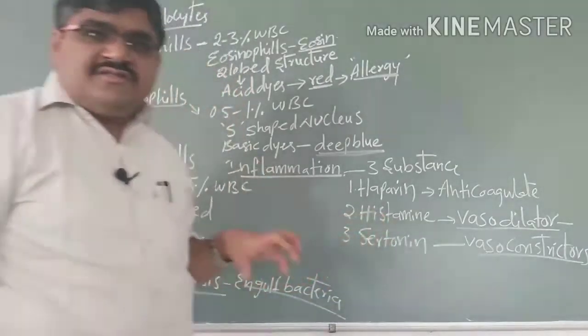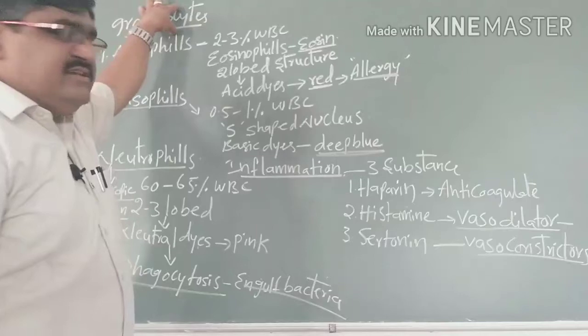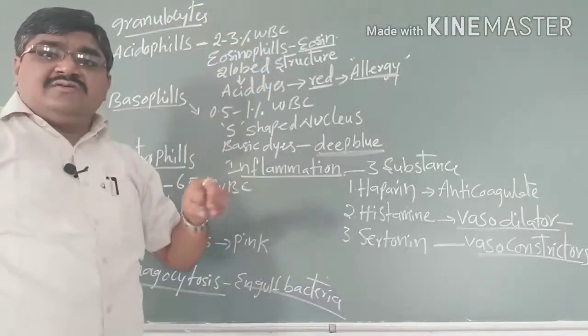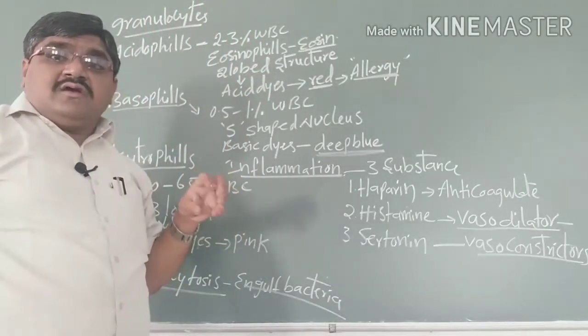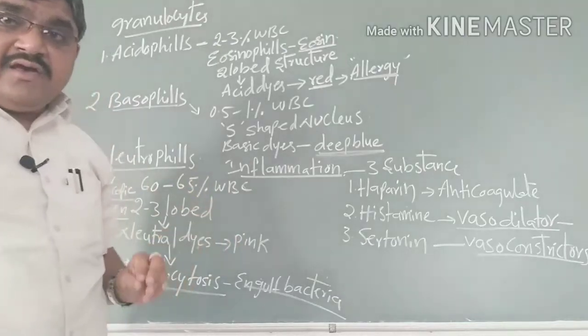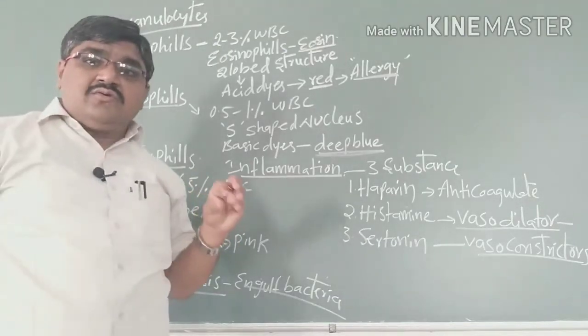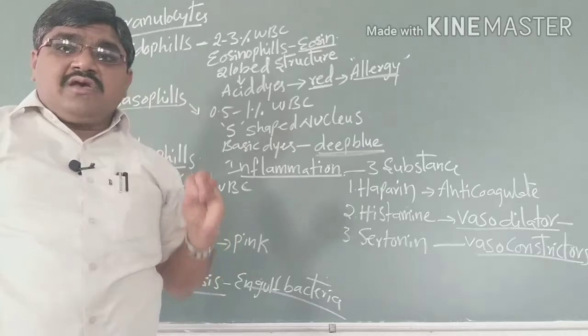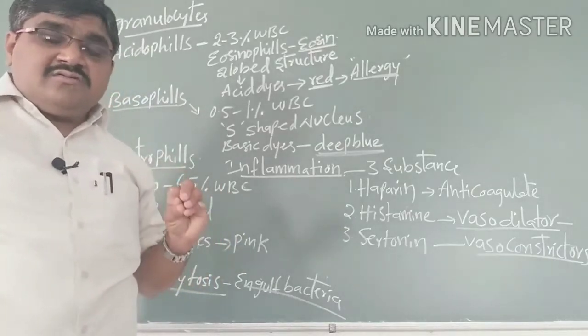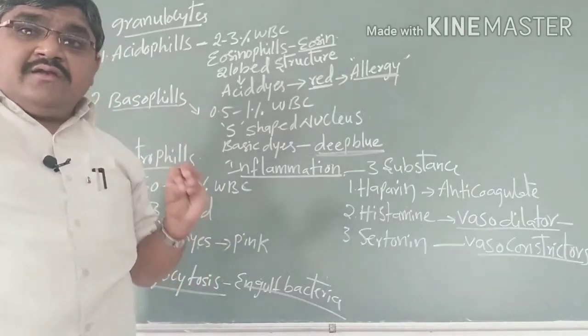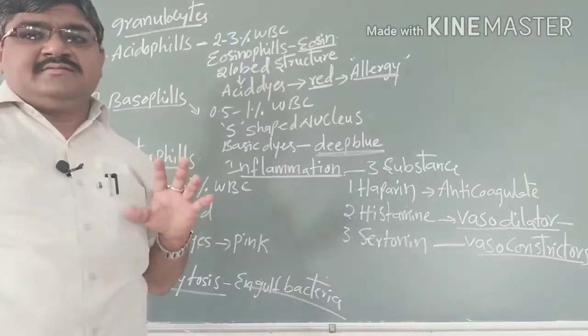So these are the three types of granulocytes, where the cytoplasm of the WBC has granules. Due to the presence of granules, we call them granulocytes.